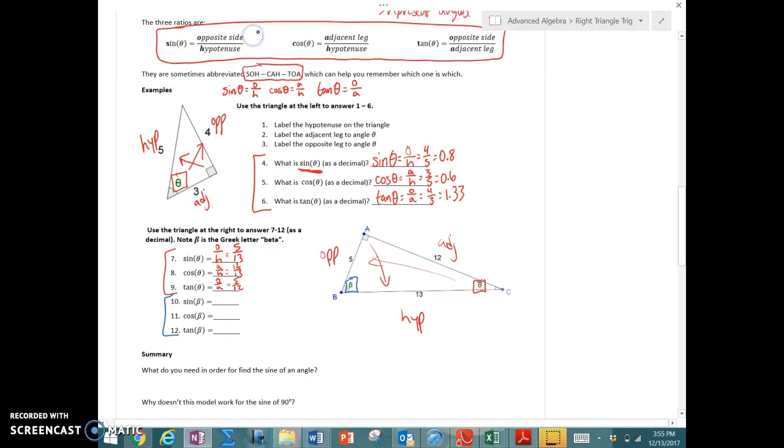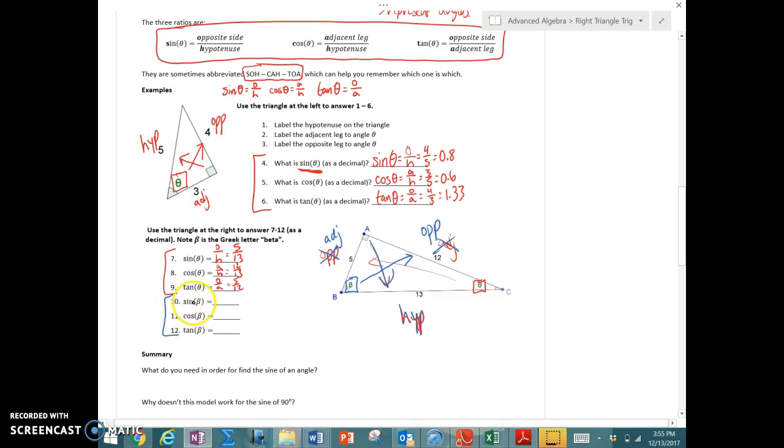Having said that, when I switch to the betas, I need to now relabel my triangle. The good news is hypotenuse doesn't change because it's still across from the right angle. However, if I go across from beta, what was my adjacent for theta becomes the opposite for beta. And therefore, what was the opposite becomes the adjacent.